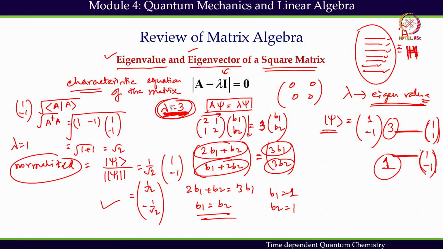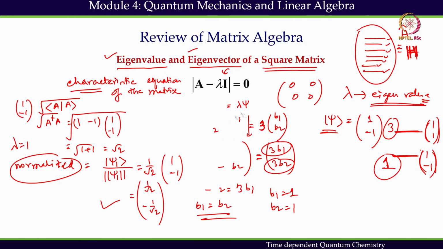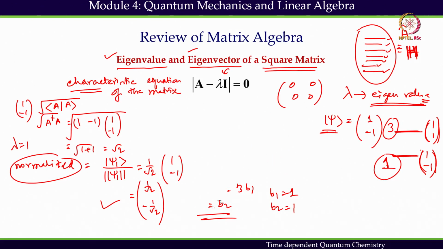Next, we will normalize the second state, and it can be normalized in the following way. We can again take the inner product, where the second state is 1 1, and if I take the inner product, we will see that again it is going to be square root of 2.